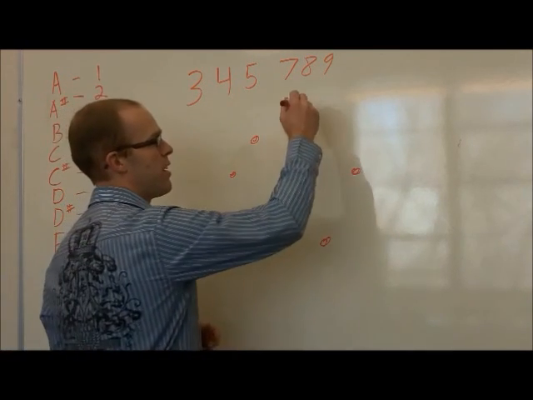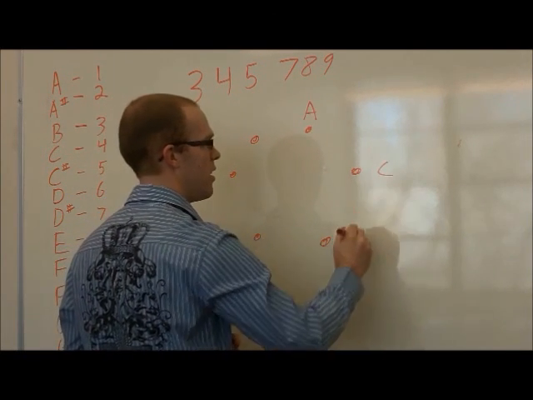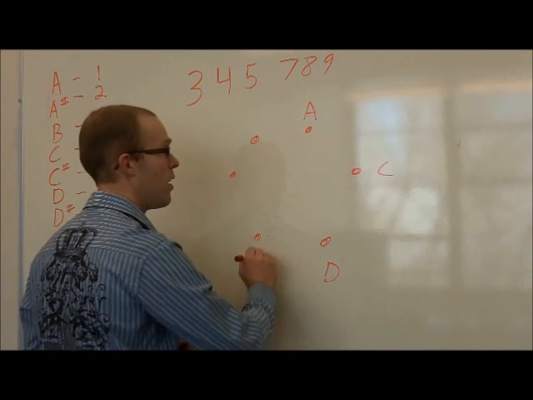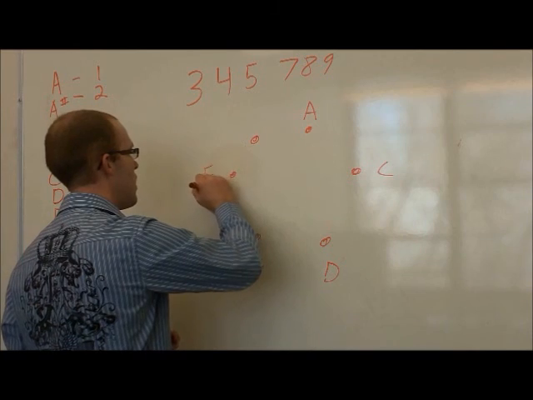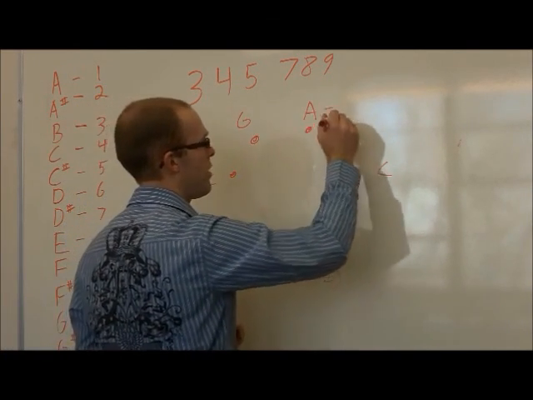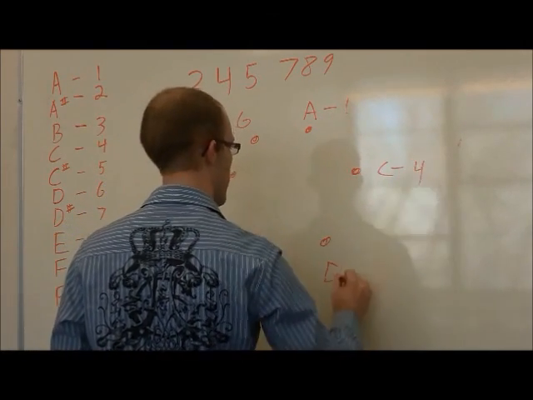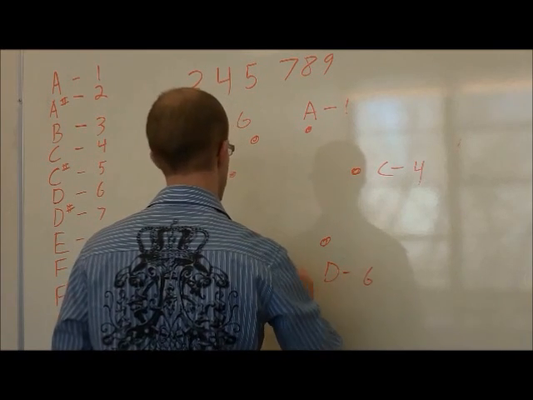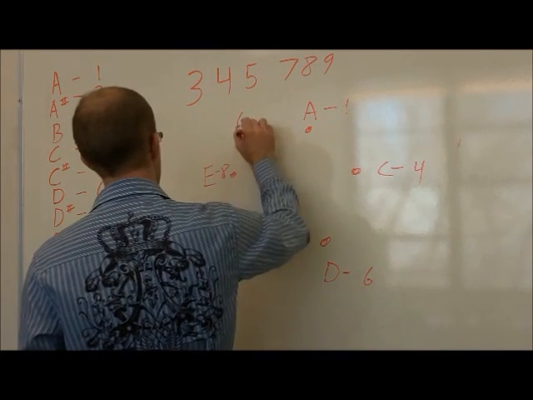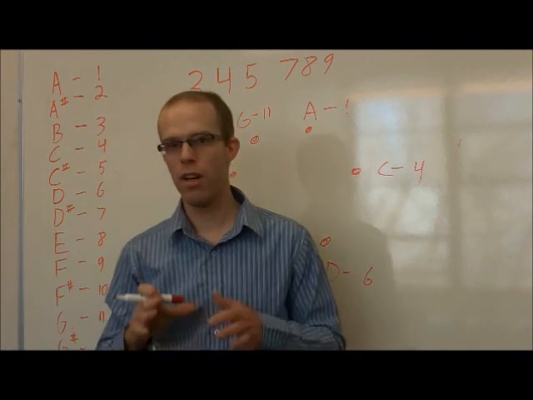Alright, so writing down the names of the notes in the blues scale: A, C, D, D sharp, E, and G. Numerical values of those are 1, 4, 6, 7, 8, and 11. So now we've got our basic picture.